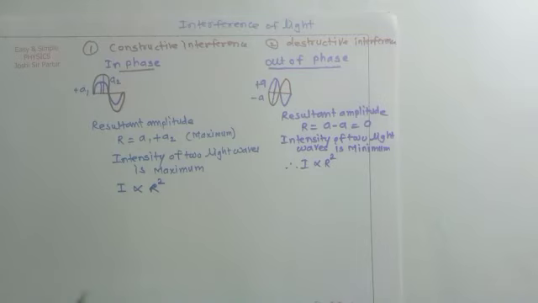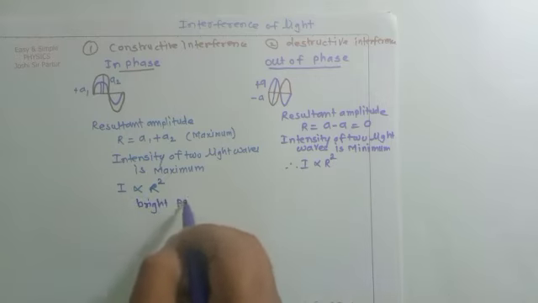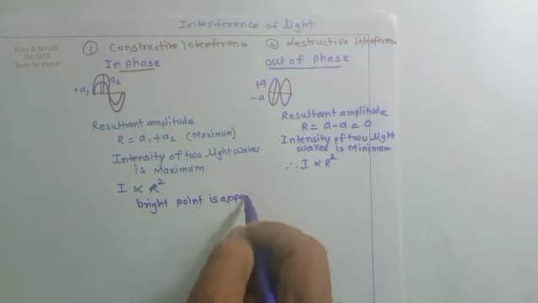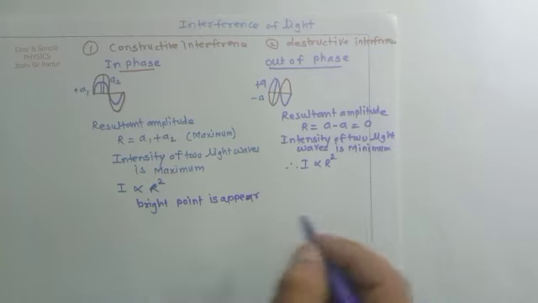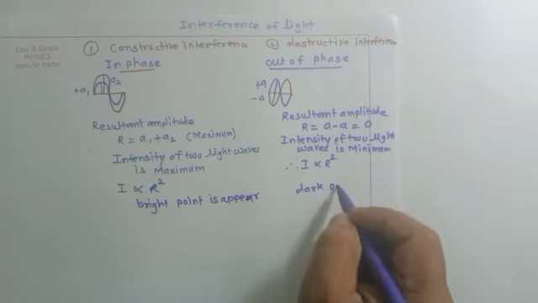And for constructive interference, a bright point appears, whereas in destructive interference, a dark point appears.